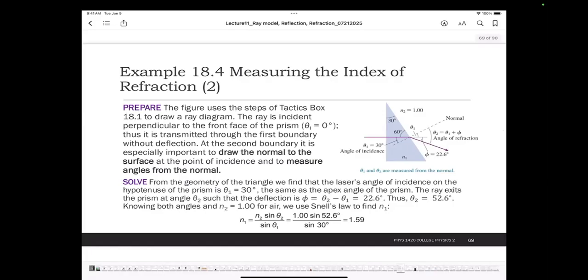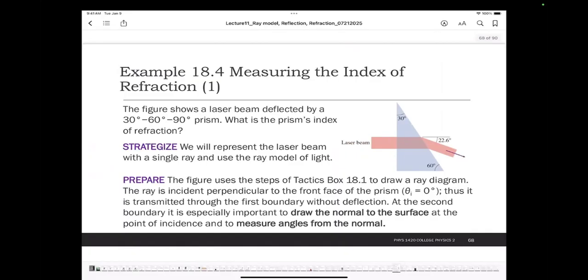From this diagram, we draw the incident ray, the refracted ray, and the normal, and this is the angle they have given us. This is the same angle here.